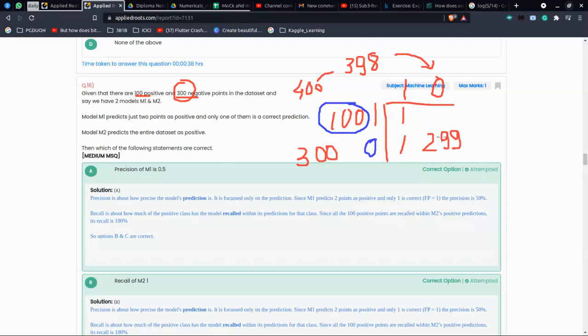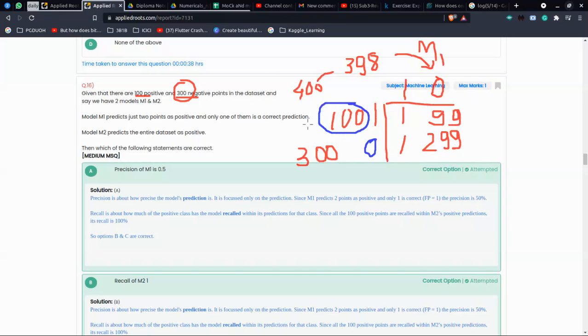Correct. Now how many are left out of this 100? I am predicting one correctly, so here it would be nothing but 99. So this would be the confusion matrix for model M1. Any doubt, guys? So 100 are positive, it is saying 2 are positive and the rest are negative.